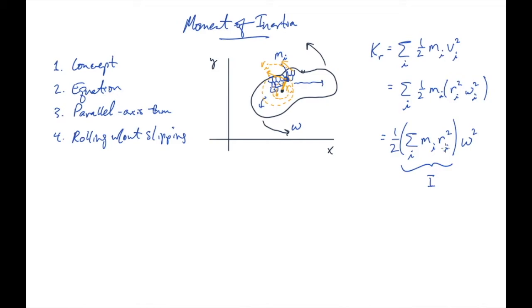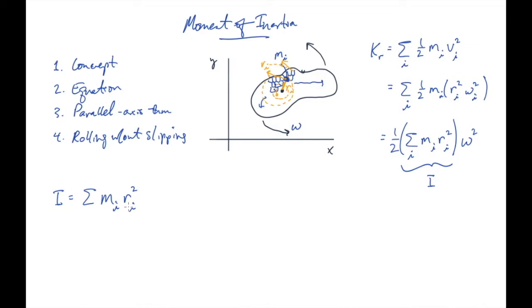So when we have a collection of discrete objects, like we're thinking about all of these little rectangles here, the moment of inertia is the sum of each mass times the distance squared from the pivot to the mass. So the more mass you have farther away from the axis, the bigger the moment of inertia, like we talked about before. So that's how you calculate the moment of inertia for a collection of discrete objects.